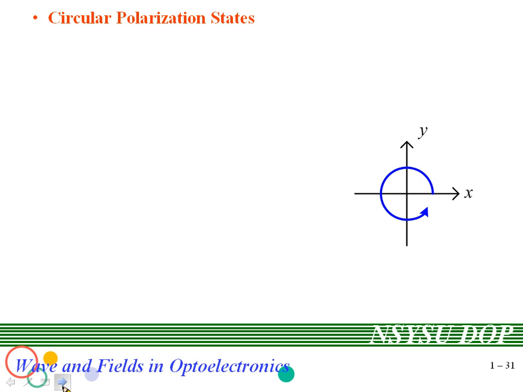The next example is the circular polarization state. The circular polarization state is defined as the trace of the E field in the xy plane being a circle.